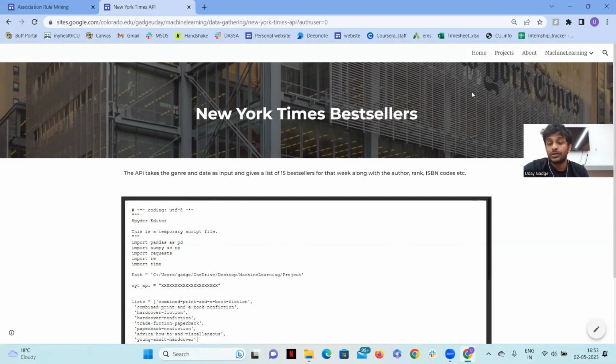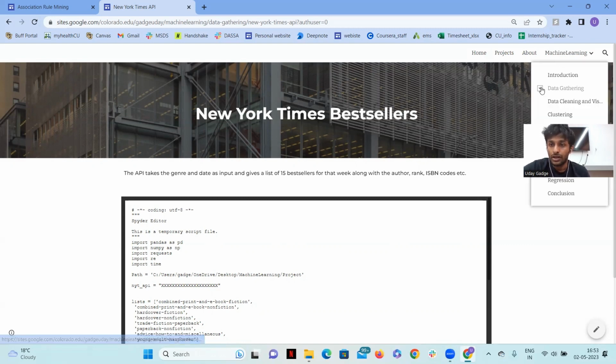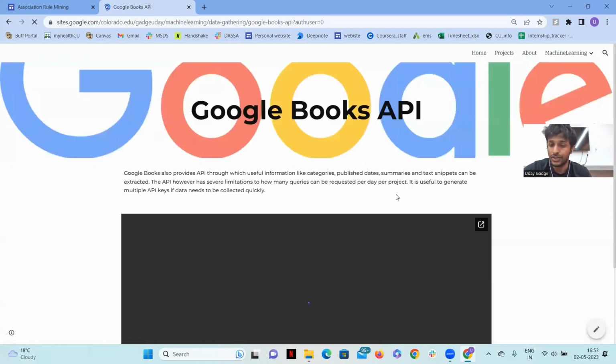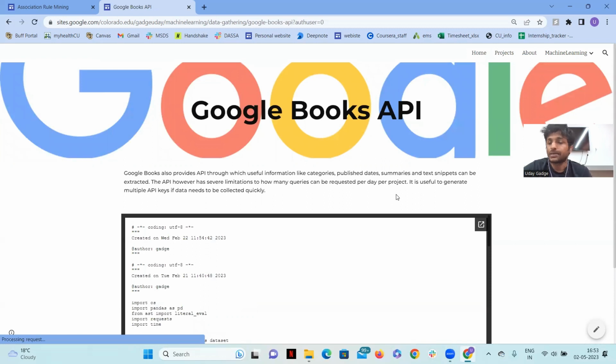And I collected further information from Google Books. Google Books is an online digital repository which gives access to information such as the subgenre of the book or the ISBN or the publication date. And this is some other useful information that I got from Google Books.